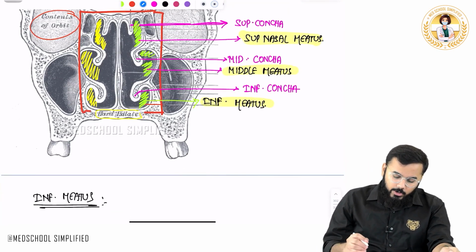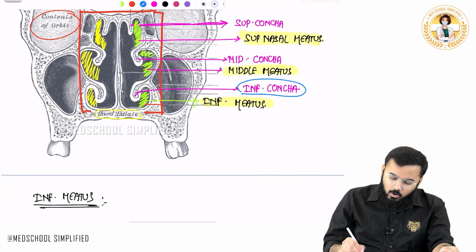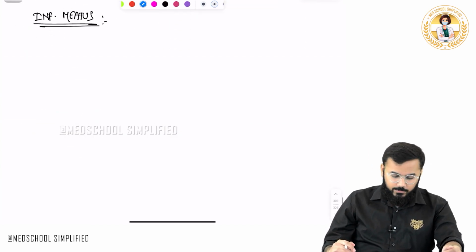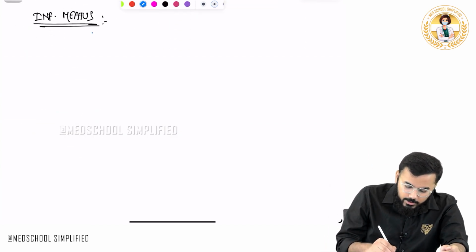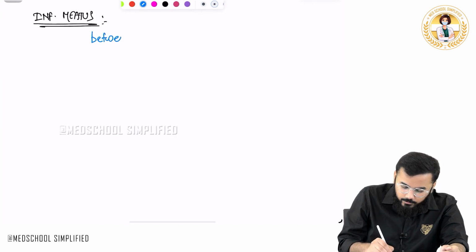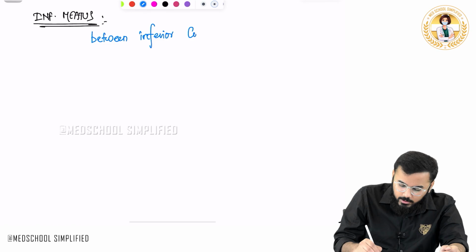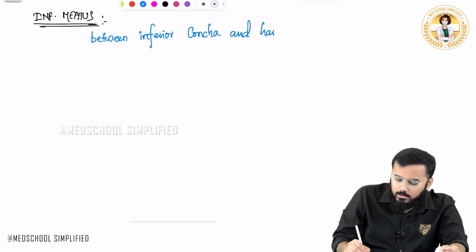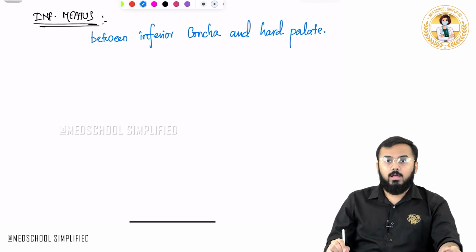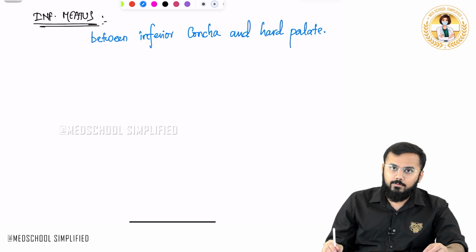The inferior meatus is located between the inferior concha and the hard palate of your nasal cavity.